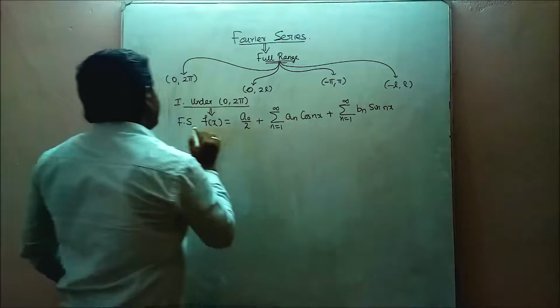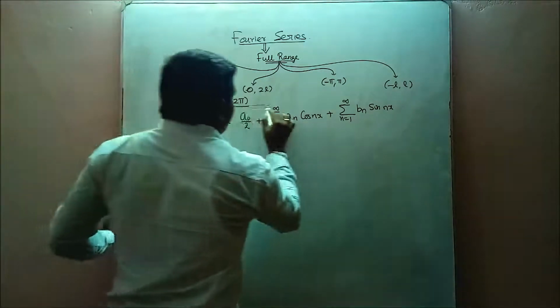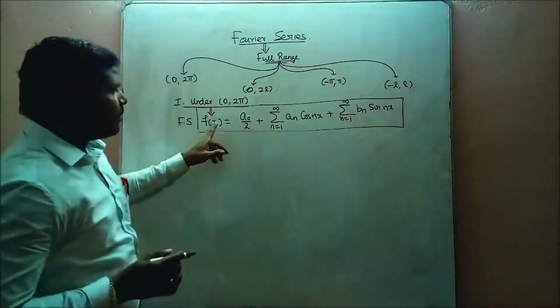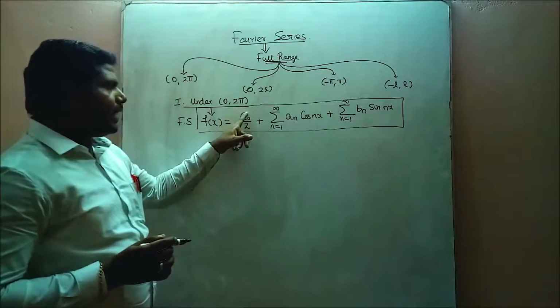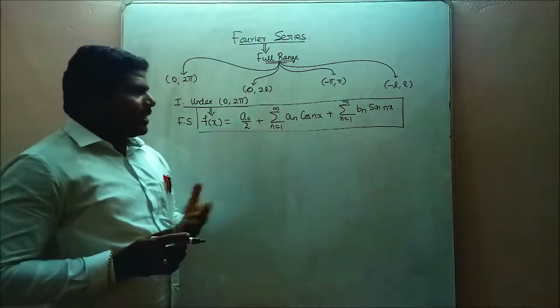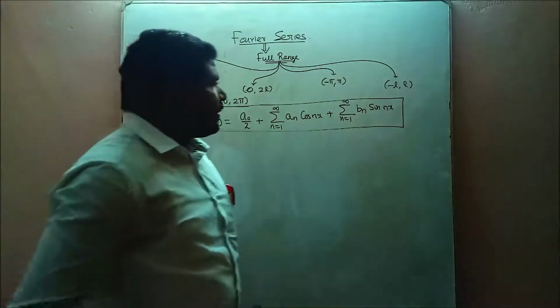So எப்படி ஃபார்முலா எழுதிடலாம். So under 0 to 2 pi, the Fourier series formula is f of x equal to a0 by 2 plus sigma n is equal to 1 to infinity an cos nx plus sigma n is equal to 1 to infinity bn sin nx.